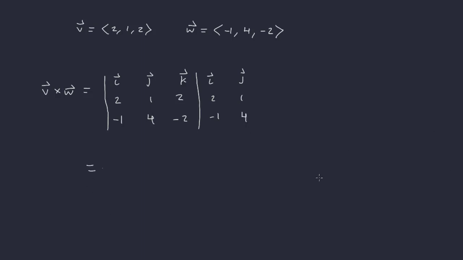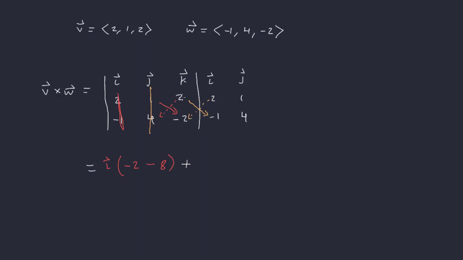Okay, so for i, again, we always ignore its own column and do plus the main diagonal minus the opposite. Well, in this case, the main diagonal will give us negative 2 minus the opposite diagonal, which is 8. Okay, and we'll move on to the next one, which is j. We'll ignore its column and do the determinant over here.